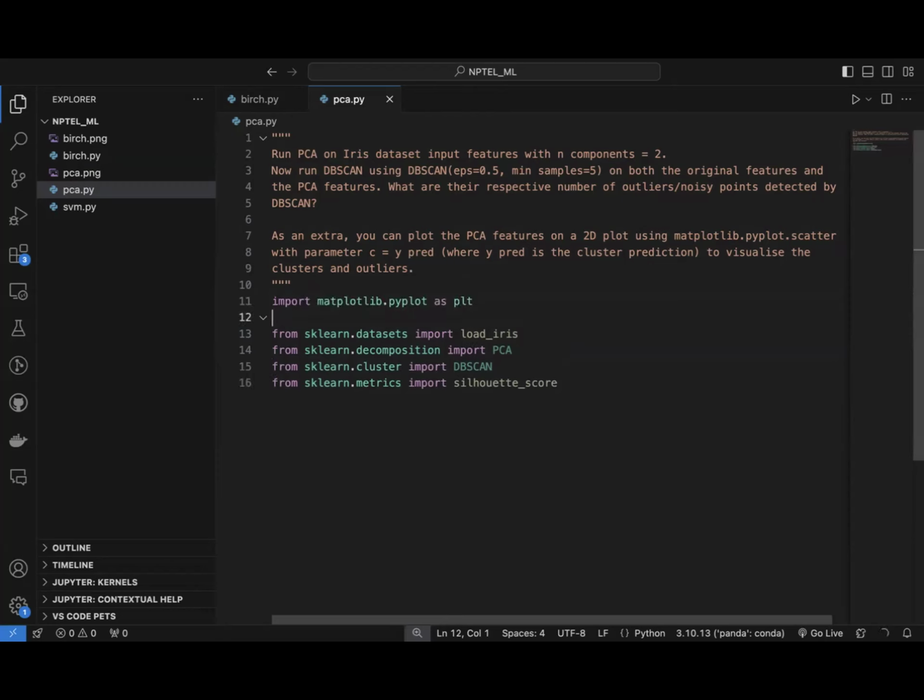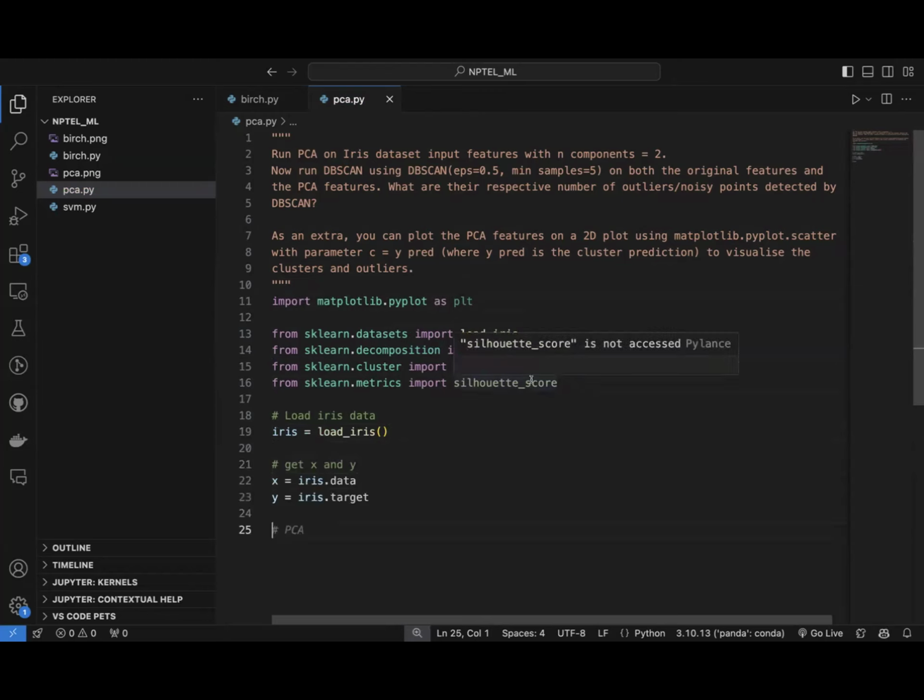Import a bunch of things. Okay. We'll load the iris data, which is straightforward. We'll get the X and Y.